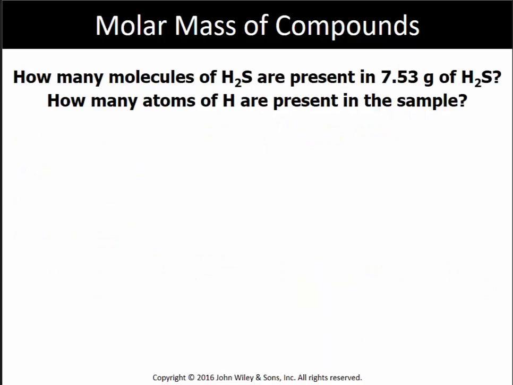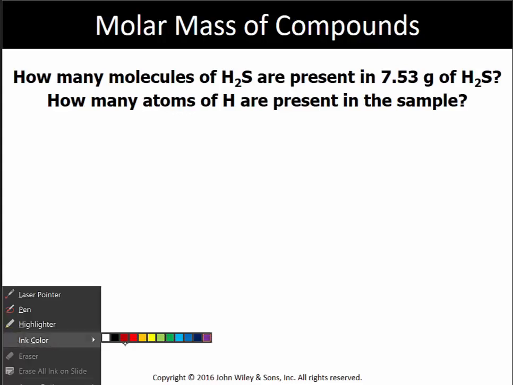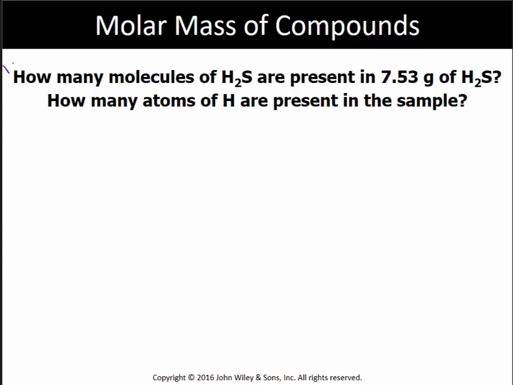So let's look at another example. How many molecules of H2S are present in 7.53 grams of H2S? And number 2, we want to know the number of hydrogen atoms in that sample. So let's focus on number 1 first.